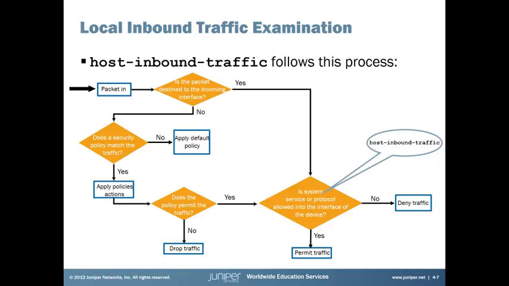If it's no, then it must be transit traffic, right? It must be coming in on the interface and going somewhere else. It's transiting from one interface to another. So, does a security policy match the traffic? No, or yes. If no, then the default policy applies.